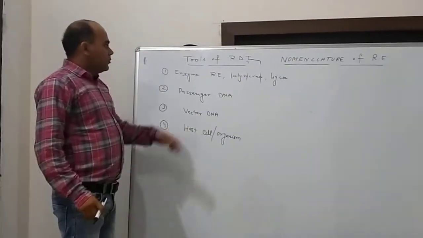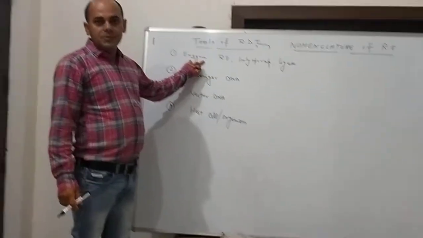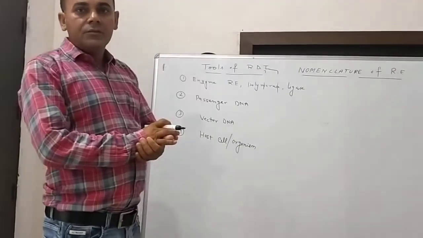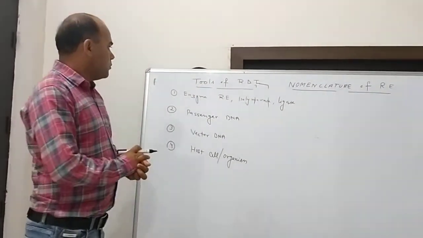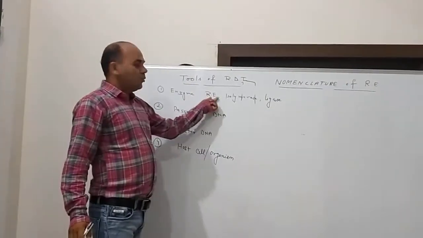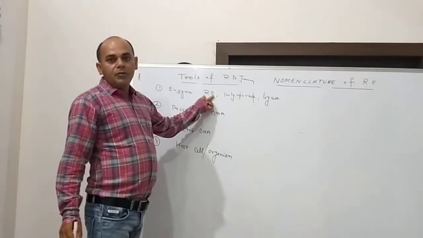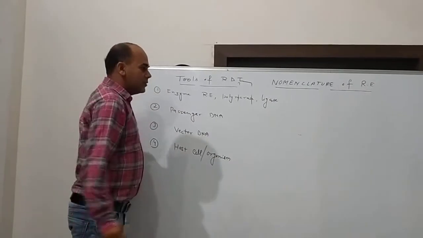There are so many tools. Out of so many tools, one is enzymes. Enzymes are used in R.D.T. So many different types of enzymes are used. Out of so many, the most important enzyme is R.E. You know very well what is the full form of R.E. Restriction endonuclease.